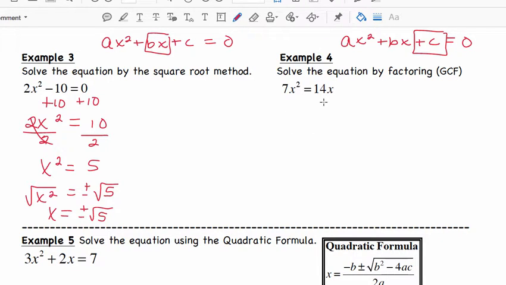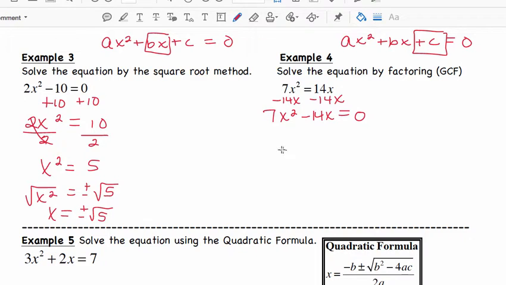So I'm going to subtract the 14x from both sides. And then the 7 and the 14, those two terms aren't like terms, so I'm just going to scoot that 7x squared over and make room for the 14x. Set that equal to 0.